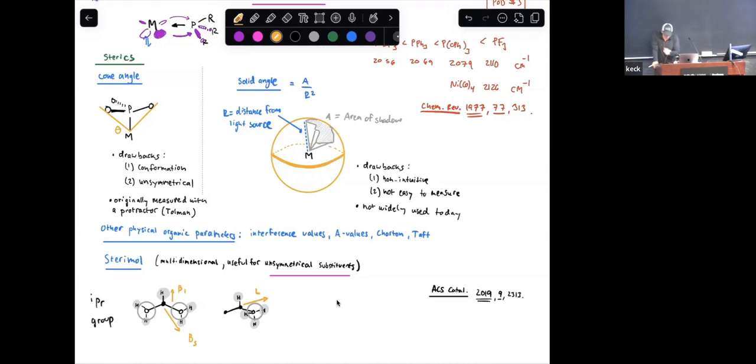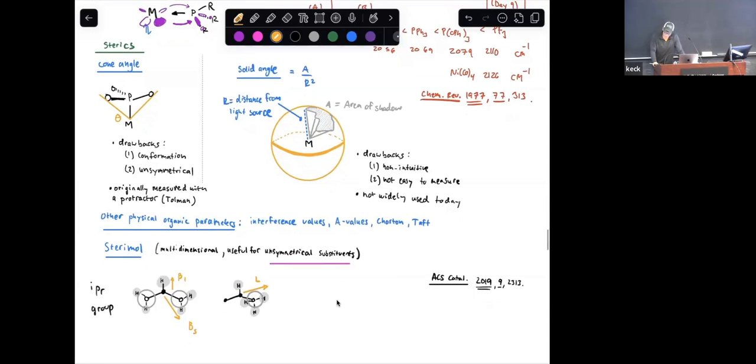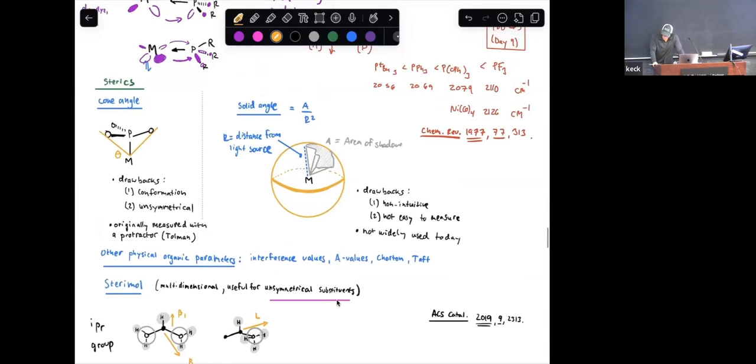So it does not capture conformational flexibility. It also does not capture that if you have three different phosphines, all with different substituents, so methyl, phenyl, t-butyl, then how you measure it would give you different values, depending on which two groups you include in the measurement.